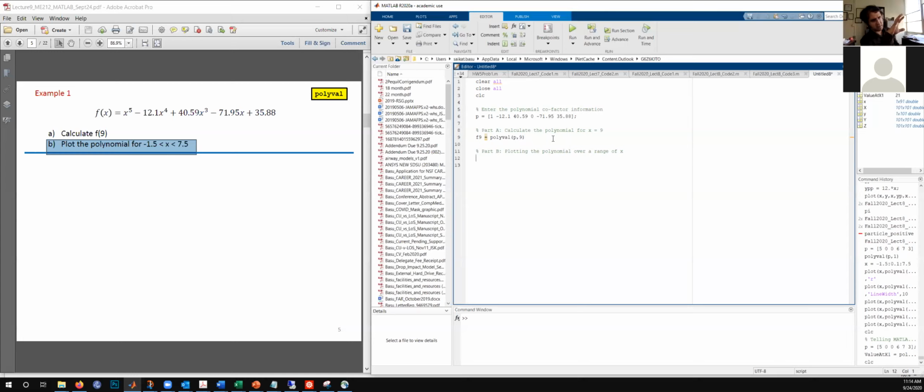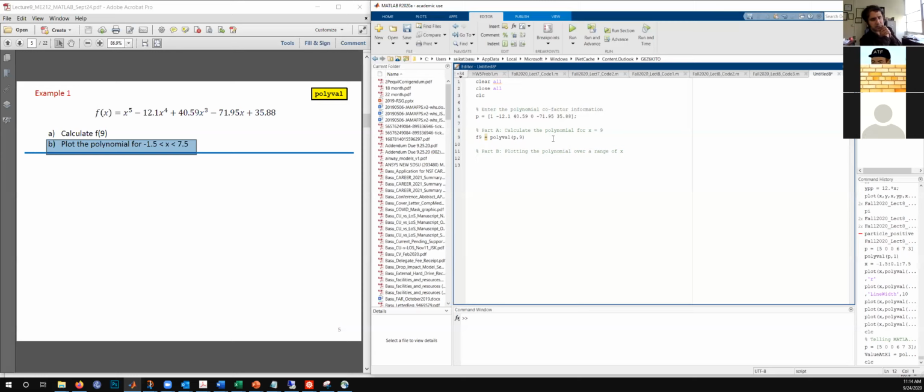You have already told MATLAB what the polynomial is, right? Now you're trying to evaluate that polynomial. To plot the polynomial, you first have to get the value of the polynomial over that range of x. But to do that, what would be the next step here on this code?